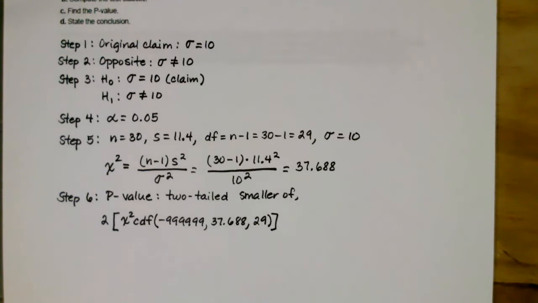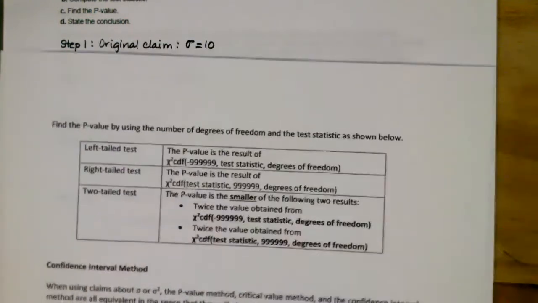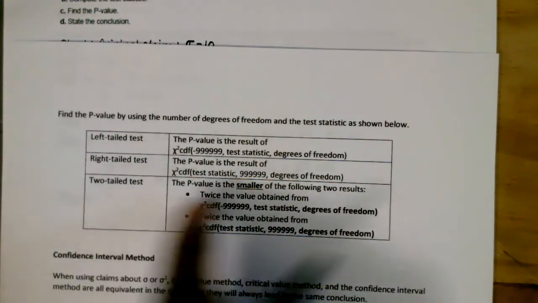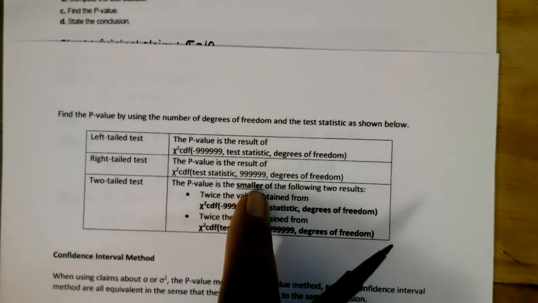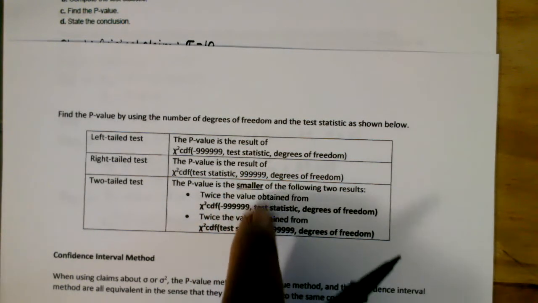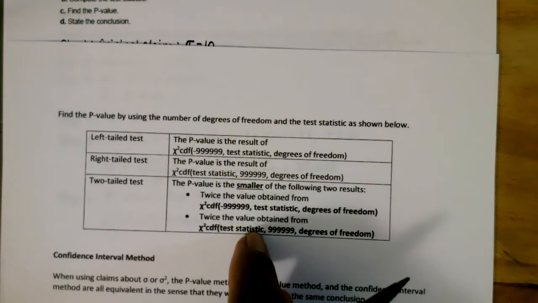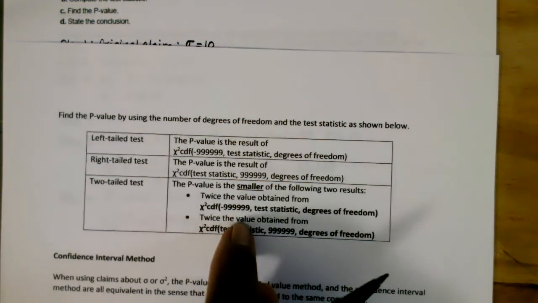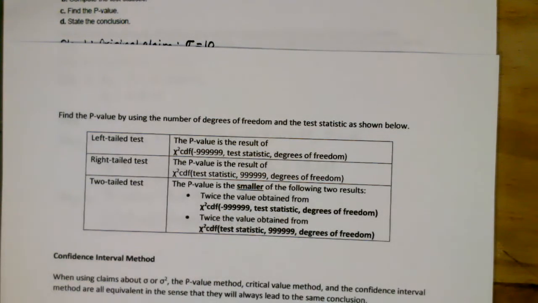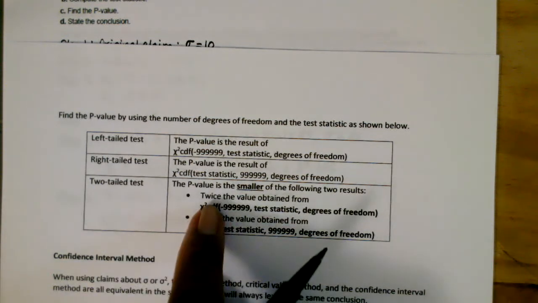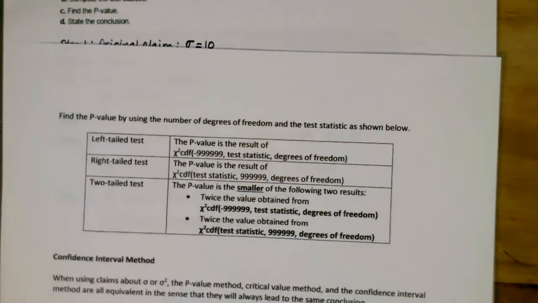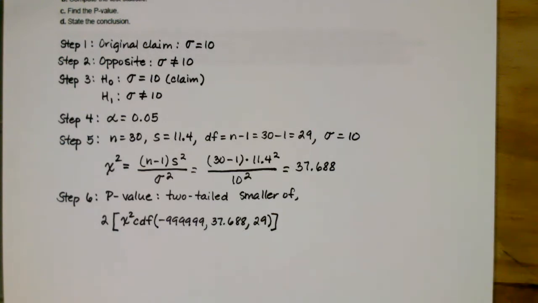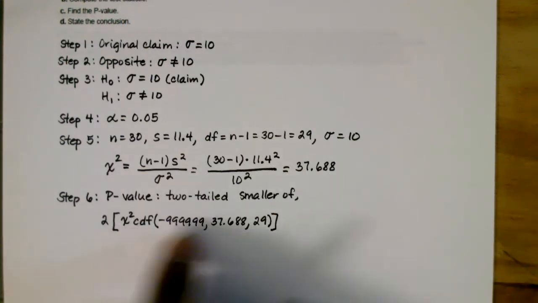And I want you to know that I'm following this format right here. For a two-tailed test, I have to take the smaller of these 2 cases here. I have to find out what this value is going to be and also what that value is going to be, and then take the smaller of the 2. That would be my p-value. And it's going to be twice the value because it's a two-tailed test.